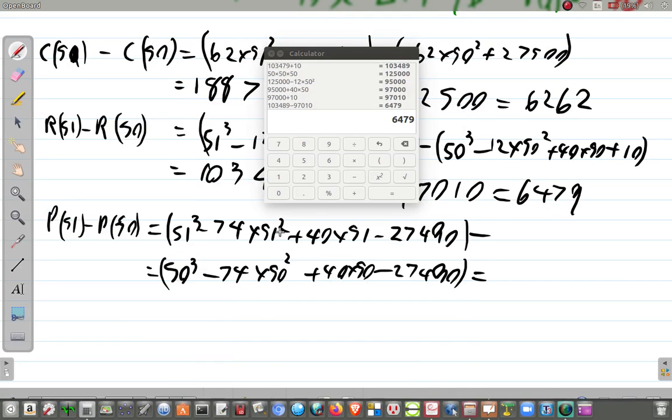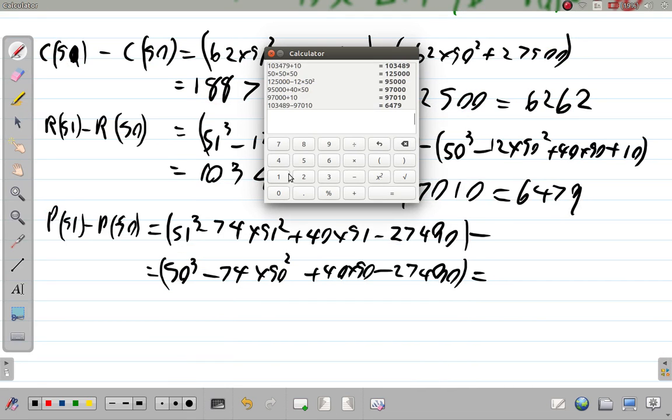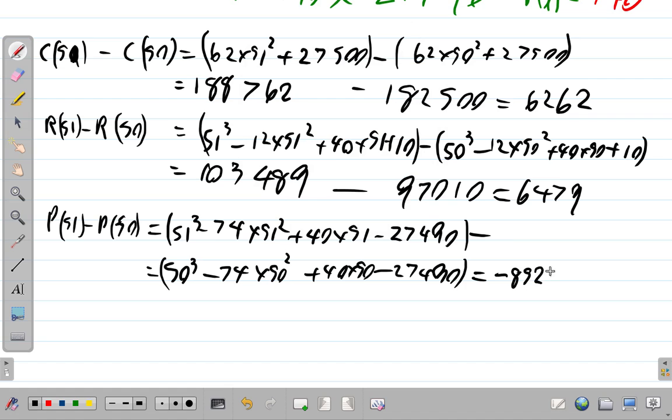For 51 items, we have 51 cubed, which is 51 by 51 by 51, minus 74 by 51 squared, plus 40 by 51, minus 27,490 equals negative 85,273.